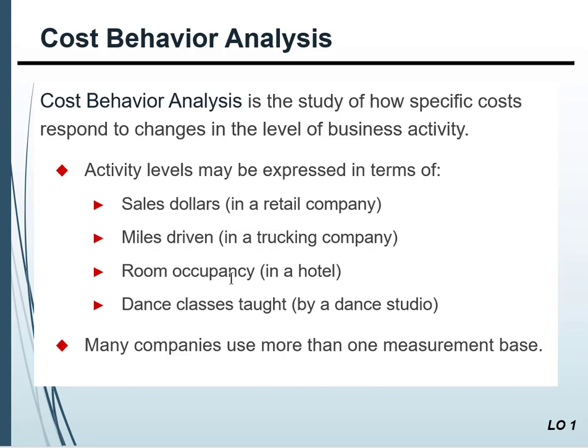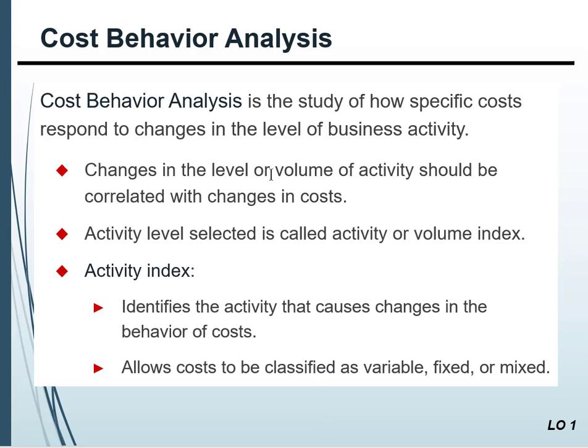We could use sales dollars, miles driven. If it's a dance studio, maybe it's the number of dance classes taught, right? Lots of companies use similar things to this. And as they mentioned here, you really don't have to have just one measurement base, right? Different activities could have different bases that they are based on.